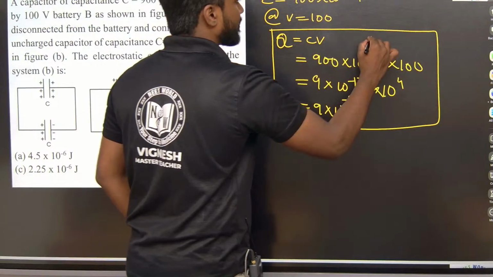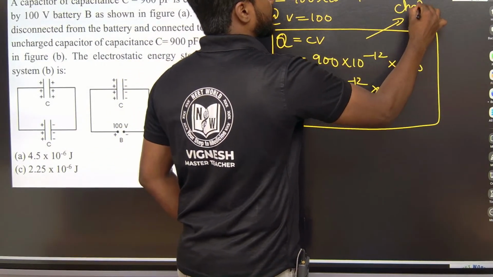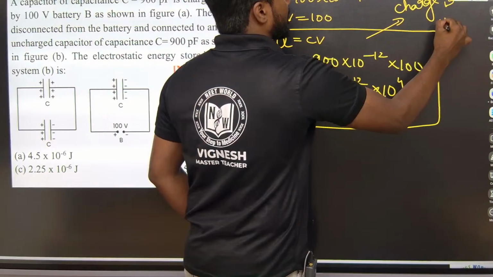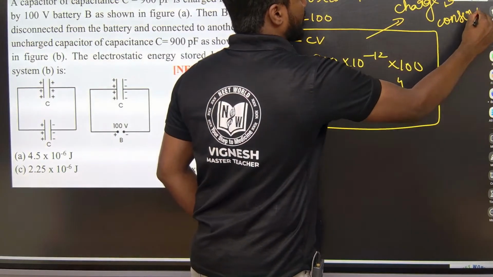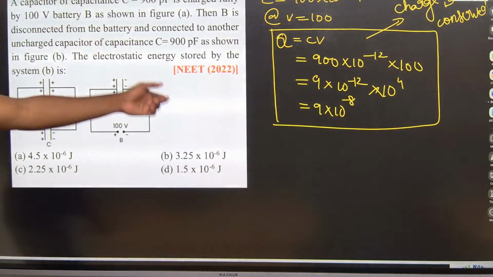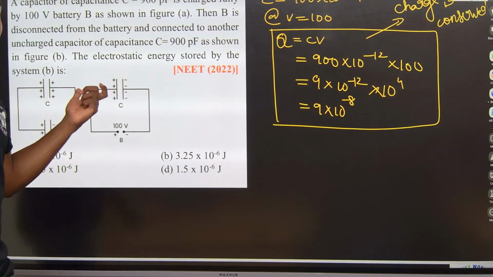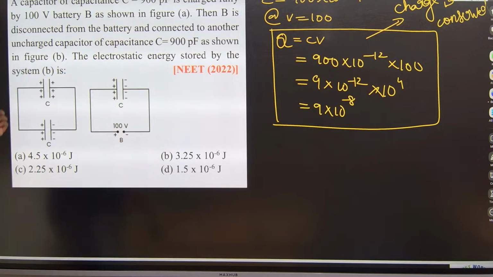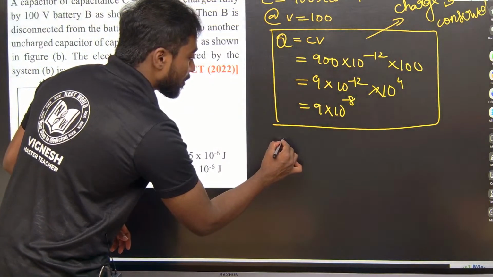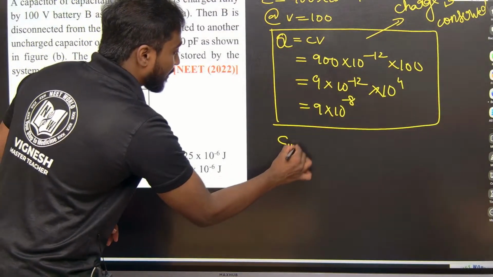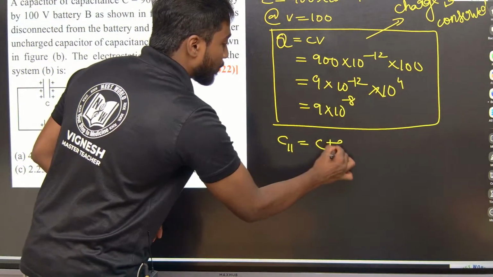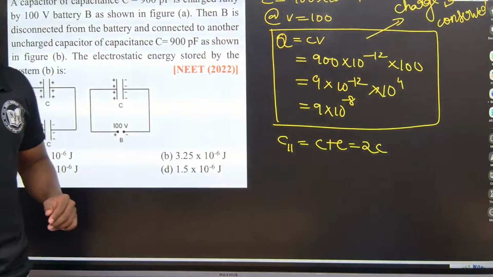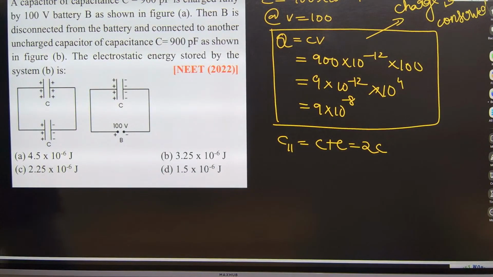Charge is conserved. Now I need to find the energy stored in the second system, since the battery has been disconnected and it has been connected to the other capacitor. Now the capacitors are in parallel, so C plus C, which is nothing but 2C, is the new capacitance, right?